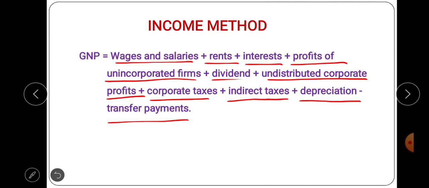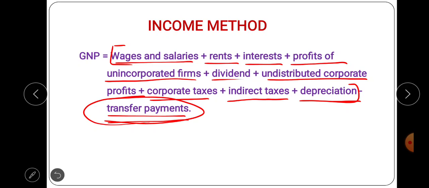Okay, so this GNP is the summation of these aspects, and here we are going to minimize the transfer payments from all these aspects.